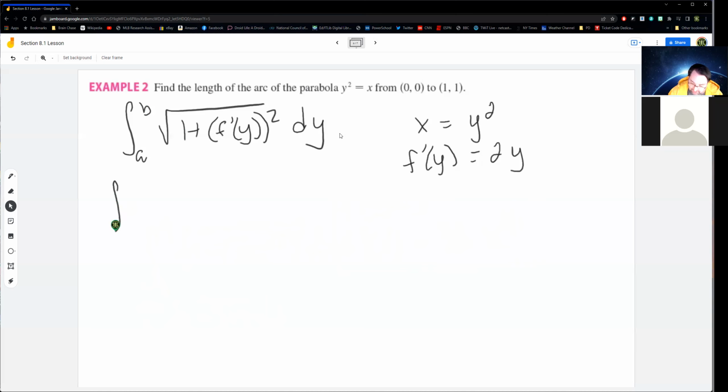So my integral, I'm doing this one from 0 to 1. And now remember, when I'm doing these, I'd want to use the y values for it. In this problem, the way they picked it, it doesn't make a difference. But since it's in y's, I'd use the y's and not the x's. So I have the integral of the square root of 1 plus 4y squared dy.